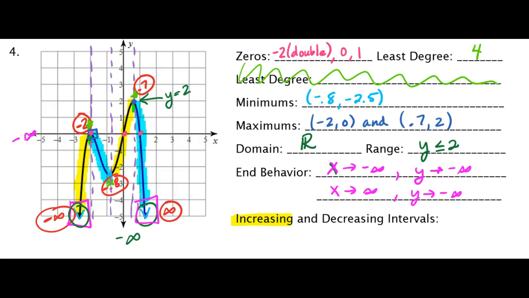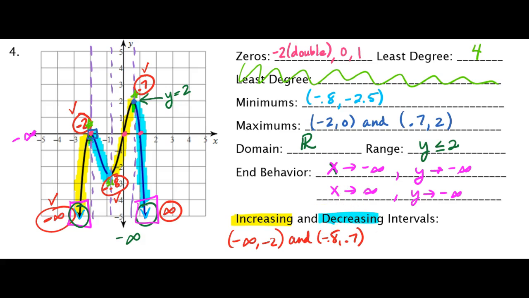All right, so for our increasing intervals, I'm going to start with the first yellow one that's on the left. It's going to start at negative infinity, and it's going to stop at -2. So I'm going to write negative infinity, -2. And then my next yellow part starts at -0.8 and stops at +0.7. Now we're going to do the same thing but with our decreasing intervals.